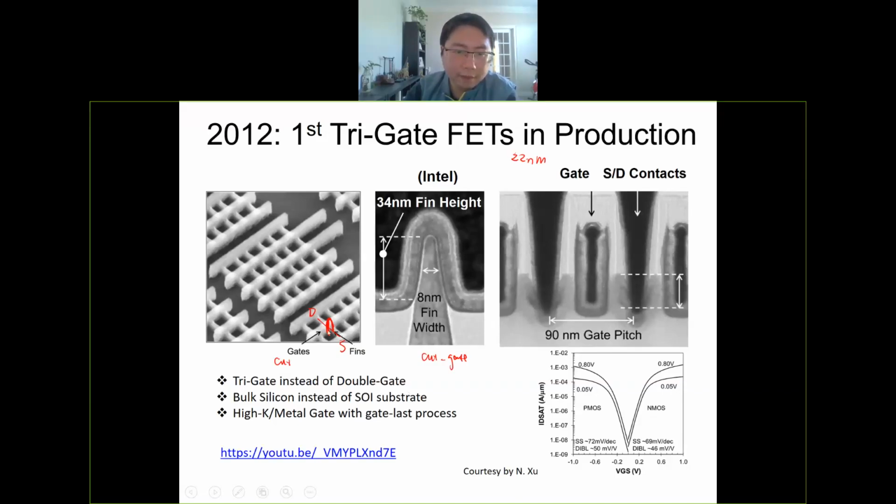And if you cut along the fin direction from the source to the drain, this will be the cut fin image. So this is source and drain contact, and L is here, around 22 nanometer. So this is the structure of this FinFET.